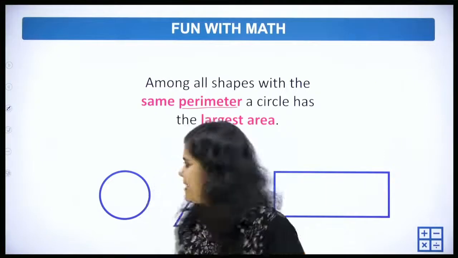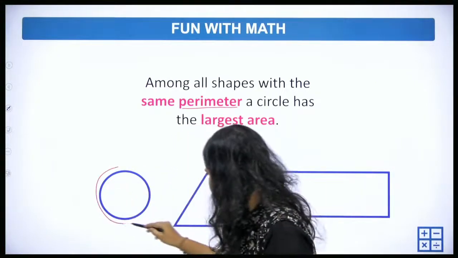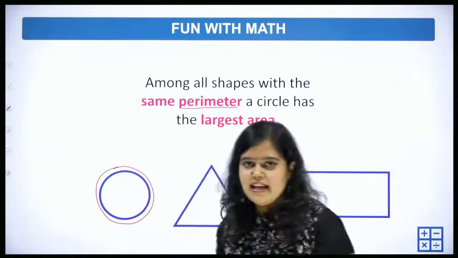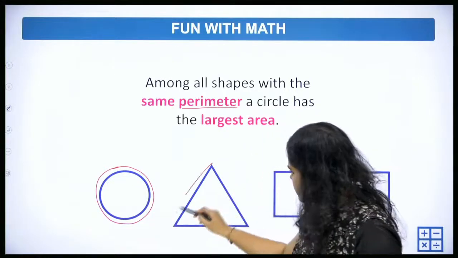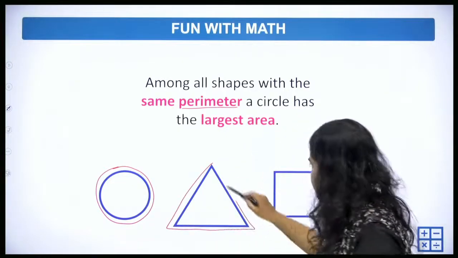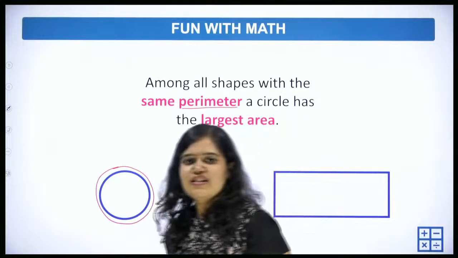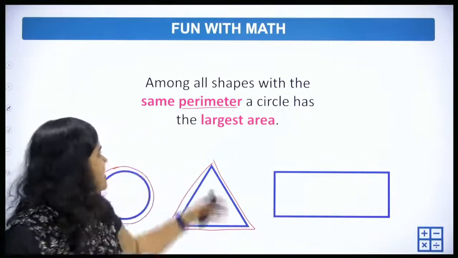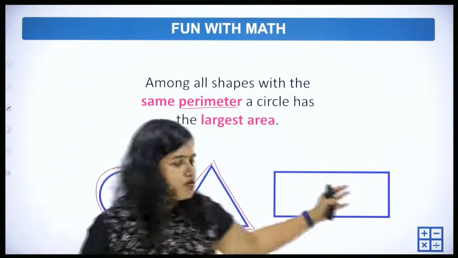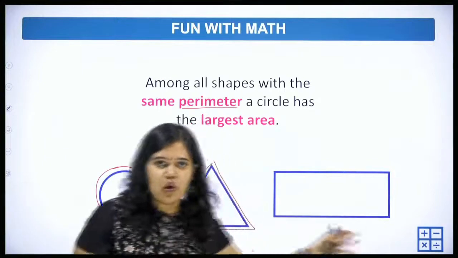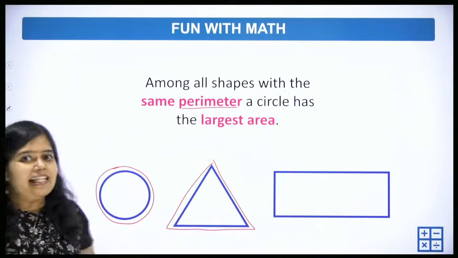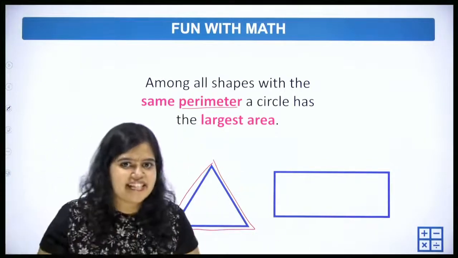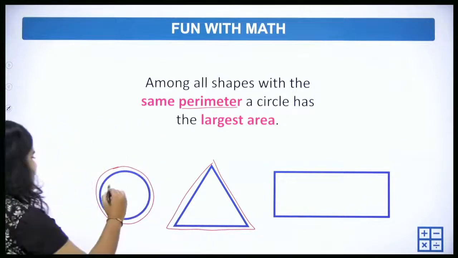Perimeter is the outline, the measure of the outline, the length of this outline, or we can also say the sum of all the sides. So suppose perimeter is the same for all the 3 shapes, then the largest area is by the circle.